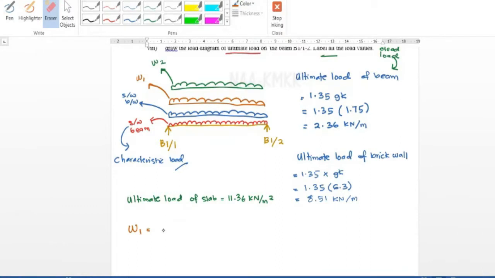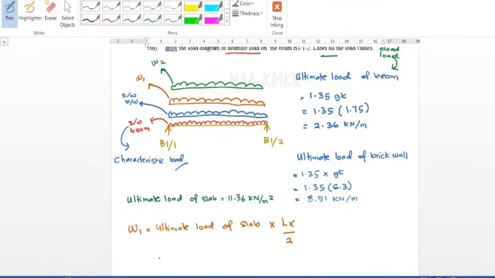W1 is the ultimate load of slab times Lx over 2, because we divide Lx into 2 parts.